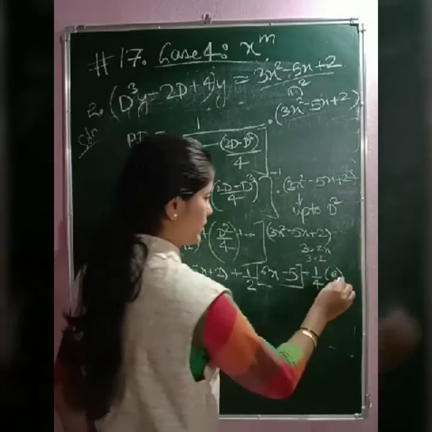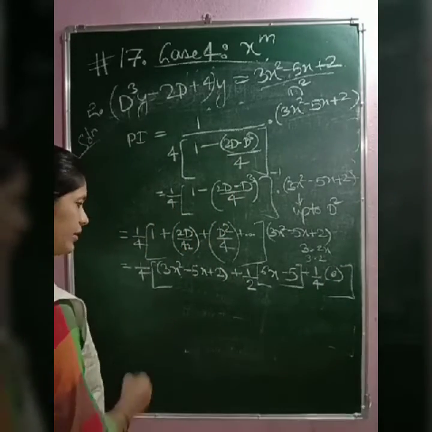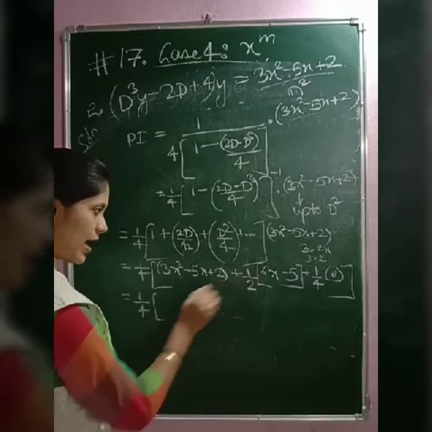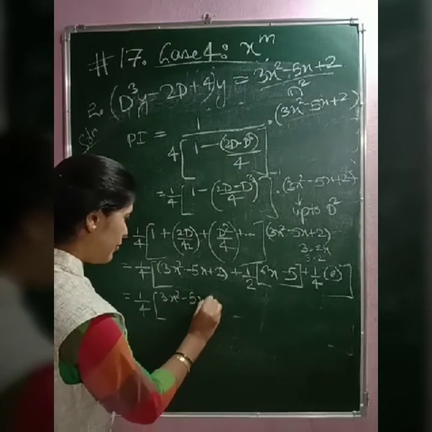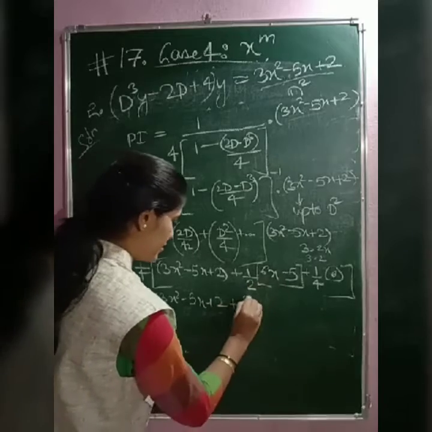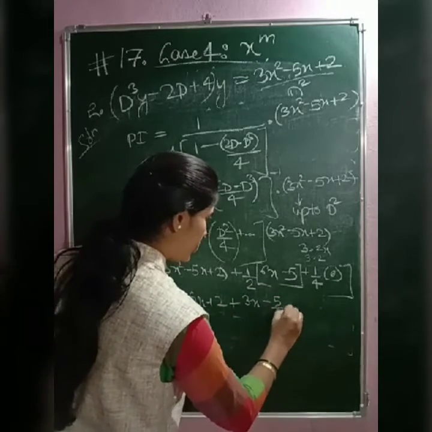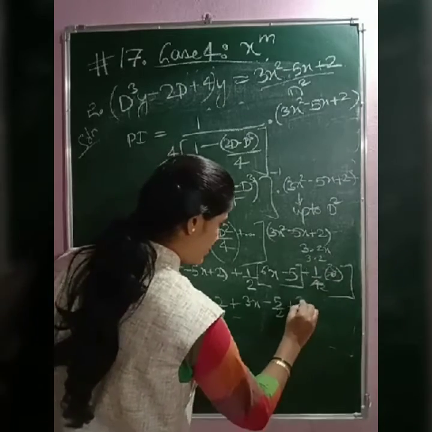Right? Now let us multiply with 1 by 4 as it is: 3x square minus 5x plus 2, plus 3x minus 5 by 2, plus 2 times 3 is 6, so plus 3 by 2.